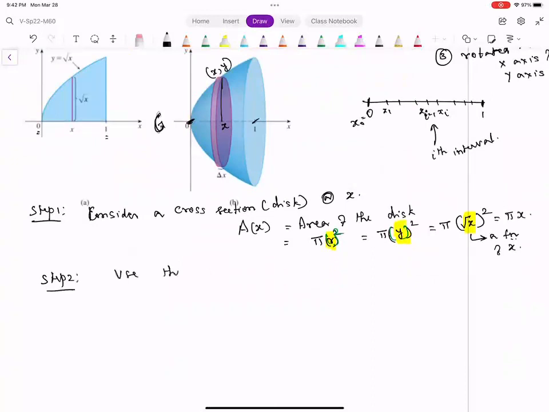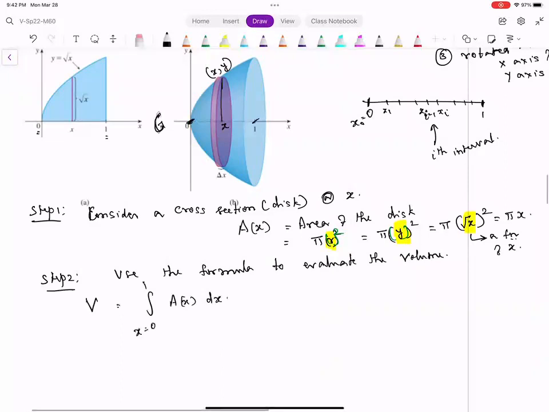Use the formula to evaluate the integral, to evaluate the volume. So what is the volume formula? Integral of A of x dx, with x running from 0 through 1 in this case, which is given in the problem.